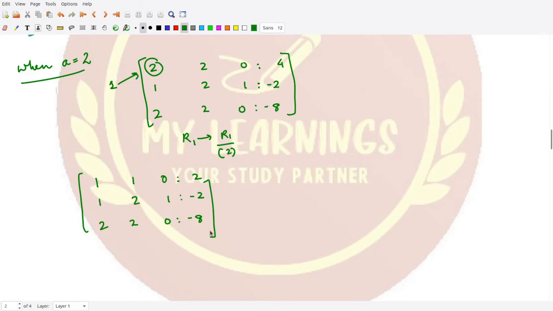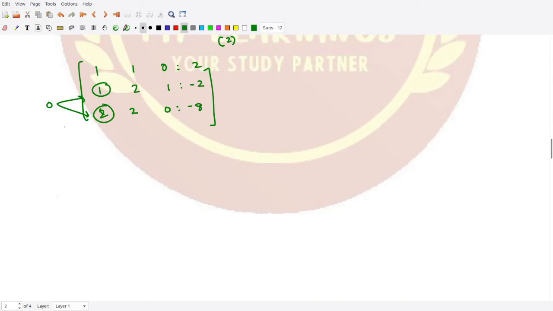And then next we wanted to make this element and this element, both of them equal to 0, right? We wanted to make both of them equal to 0. So here we have to apply another row operations. On R2 we can apply the operation R2 minus R1, and on R3 we could apply the operation R3 minus 2 times R1.